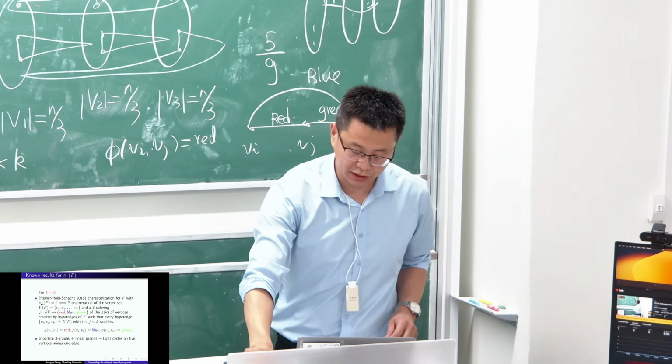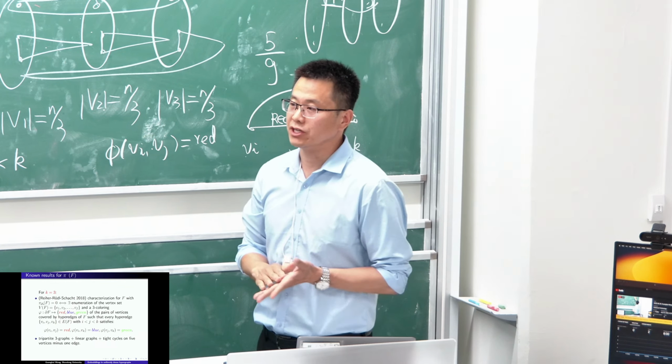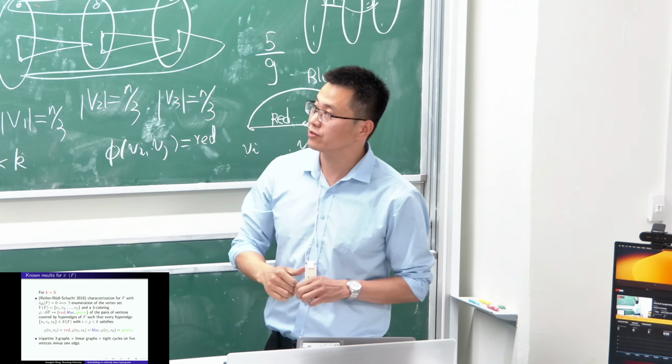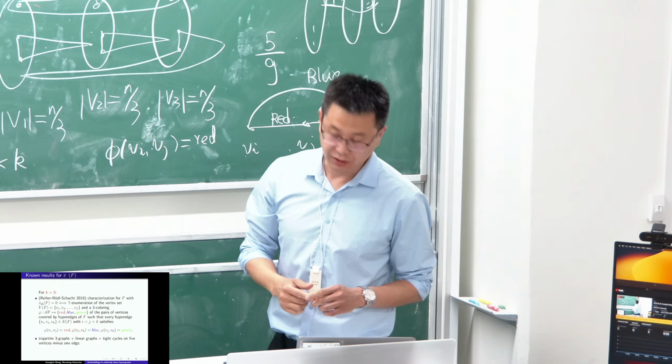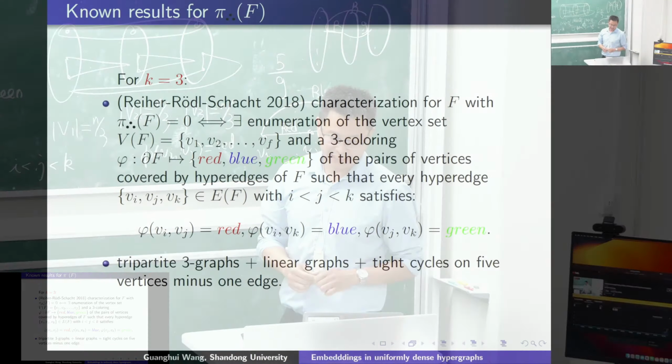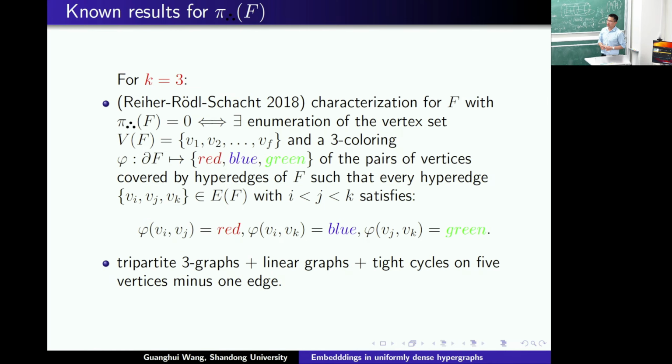And it's also easy to check for linear hypergraphs: the Turan density of a linear hypergraph is 0. Besides these two kinds of graphs, there is, for example, the tight cycle on 5 vertices minus 1 edge. It is not a tripartite 3-graph, and it's not a linear graph, and the uniform Turan density is 0.